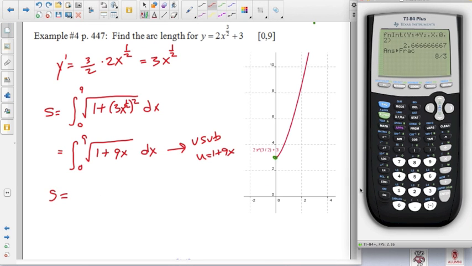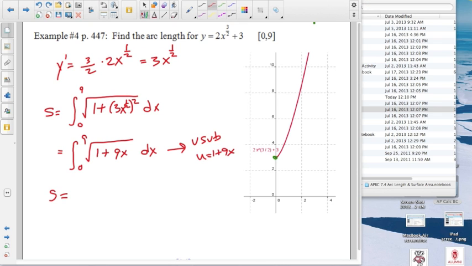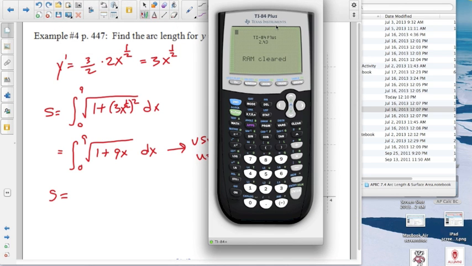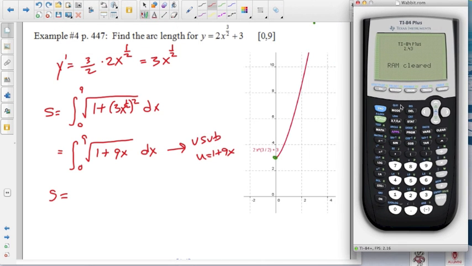So if I get my graphing calculator up here, go ahead and go into Math 9 to get the fnInt up there. This is easy enough to just put right into the fnInt. So I'm just going to do the square root of 1 plus 9x. There's the function, and the variable of integration is x, and we're going to go from 0 to 9.